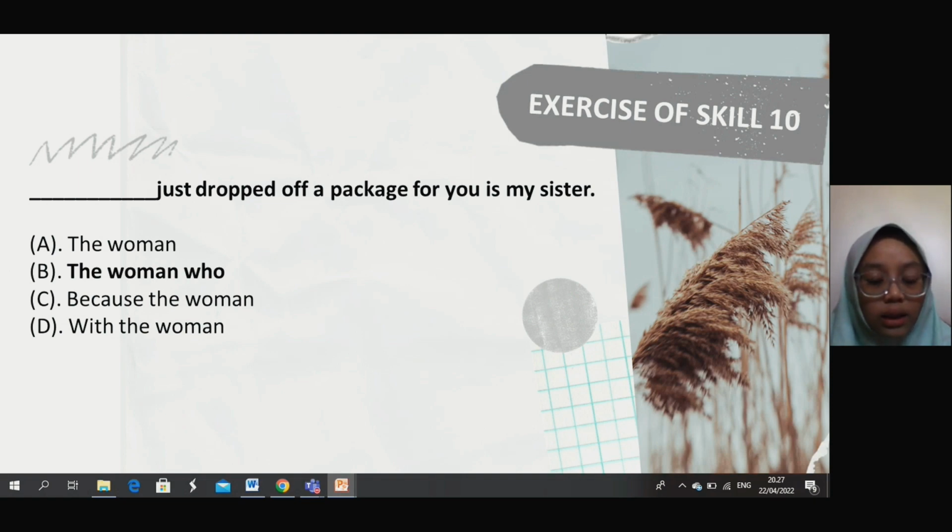We analyze the problem first. It turns out that we need a subject and a connector. The answer is B. So far, I have presented the tips and tricks for the structure section in the TOEFL test for skill 7 to skill 10.